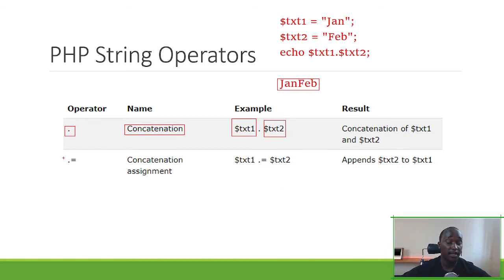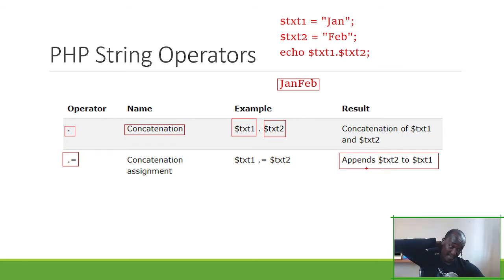Then we have, this is also very important, the concatenation assignment operator. It's used to append text2 to text1, and you'll find it very useful when creating your applications. Just trying to find an example of a real scenario.